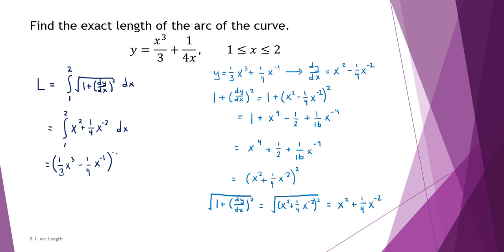We need to evaluate from 1 to 2. Plugging in, we get 8/3 minus 1/8 minus 1/3 minus 1/4. Altogether, this boils down to 59 over 24.